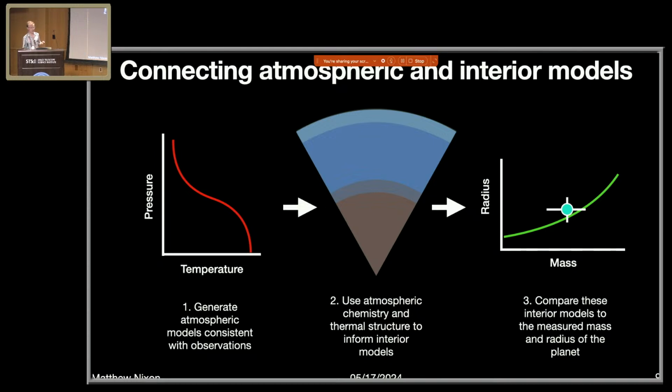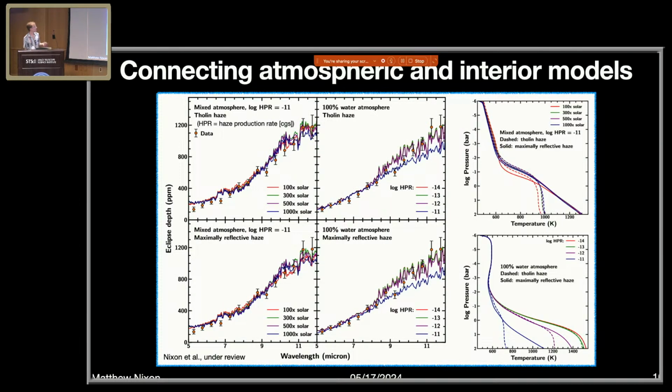First of all, looking at the atmospheric models that we generated, we considered a range of different compositions and haze production rates that are consistent with the emission spectrum of the planet. I divided these into two categories: the mixed atmosphere scenario, where a number of different compositions can still be consistent with the observations, and the pure water atmosphere case on the other side. You can see the impact that changing the composition and the haze production rates has on the temperature profile.